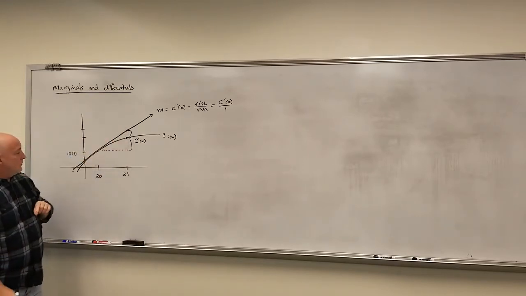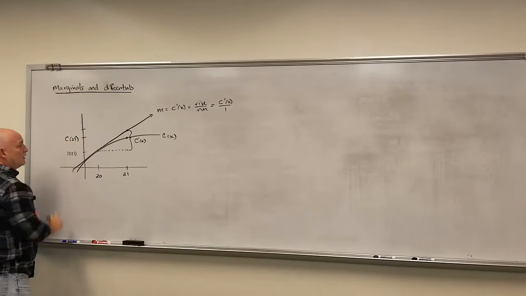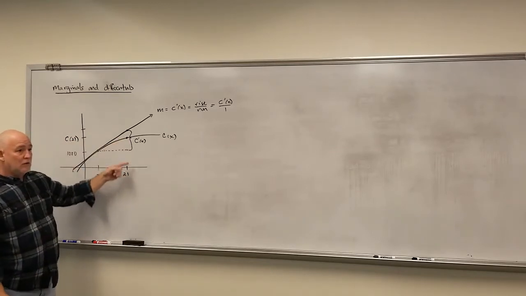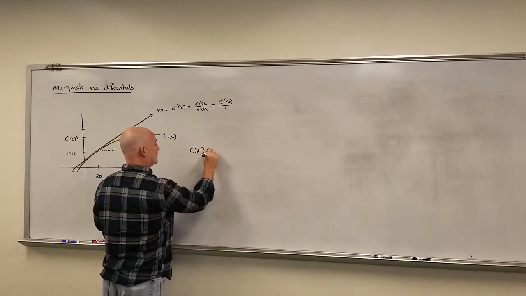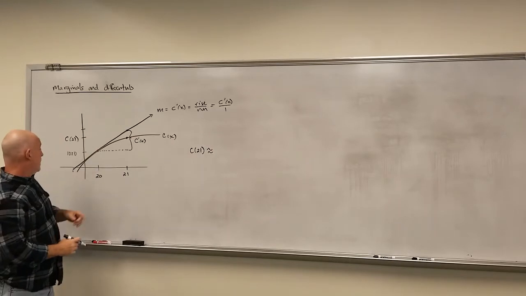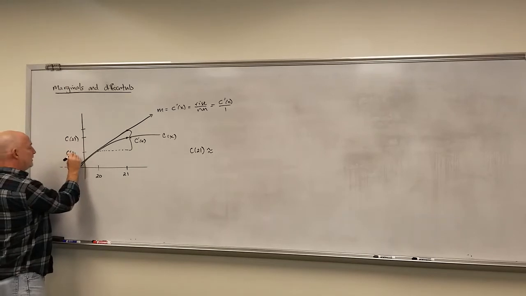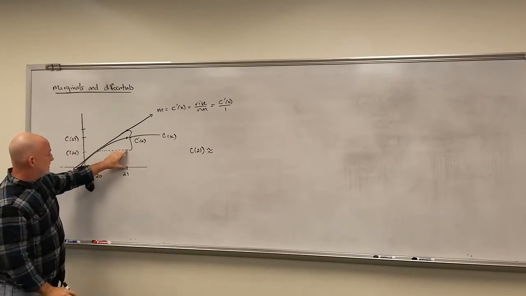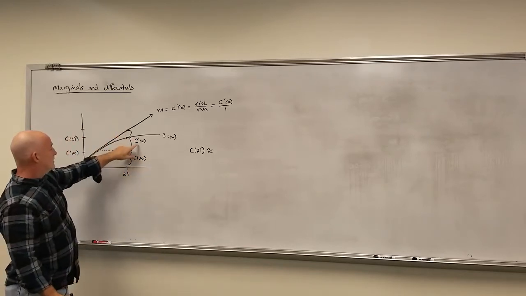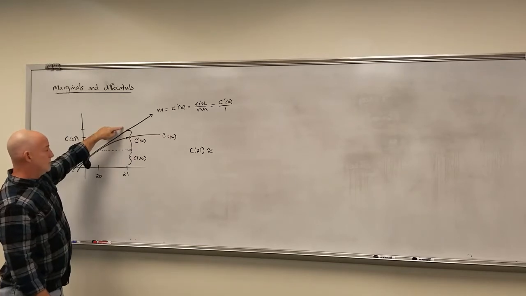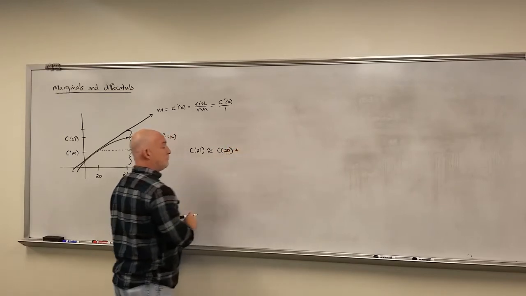So we have this value here. If I want to approximate c of 21, what's c of 21 pretty close to? Well, c of 21 is approximately equal to c at 20. Remember, this is what I called the 1,000, just made it up, c of 20. That's this distance here, c of 20, plus c prime at that same spot.